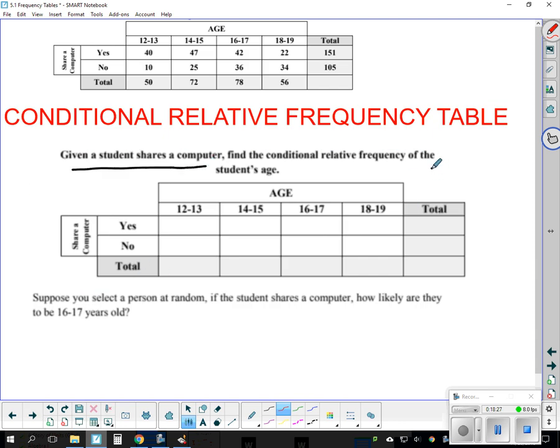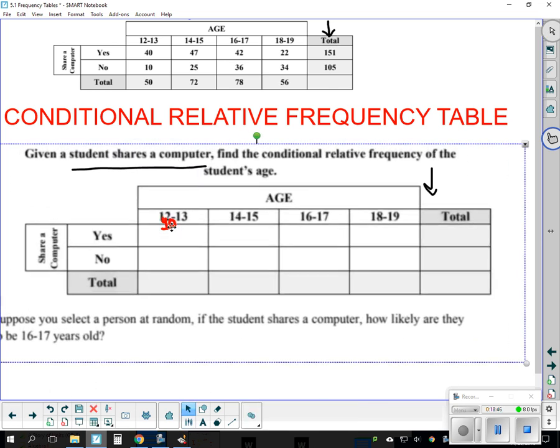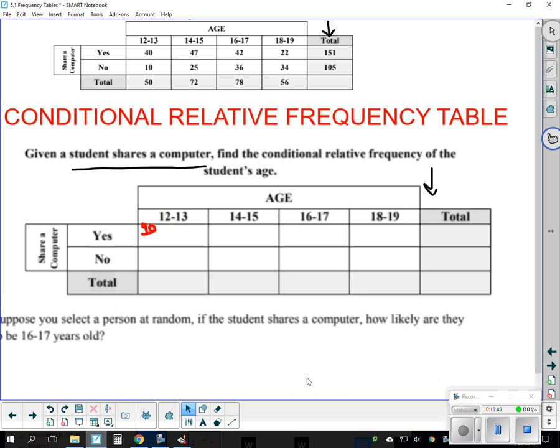So instead, we're going to have to divide by the total in this column, okay? So for this one it would still be 40. It's always the raw data, but what are we dividing by? Let me make this bigger. We are dividing by the total that do share the computer, which would be 151. So everything in this top row is going to be divided by 151.